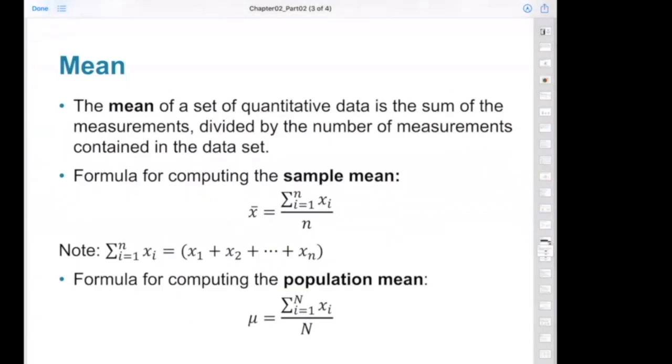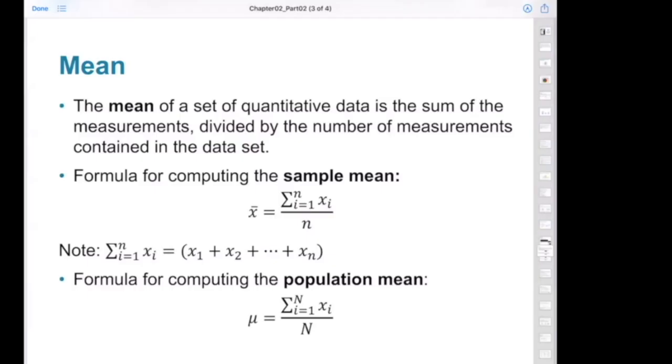And as you can see here, to find the average or the mean of any quantitative data, all you need is to find the sum of the data we have or the measurements we have, and to divide it by the number of these measurements. So you will have the average or the mean of our data.